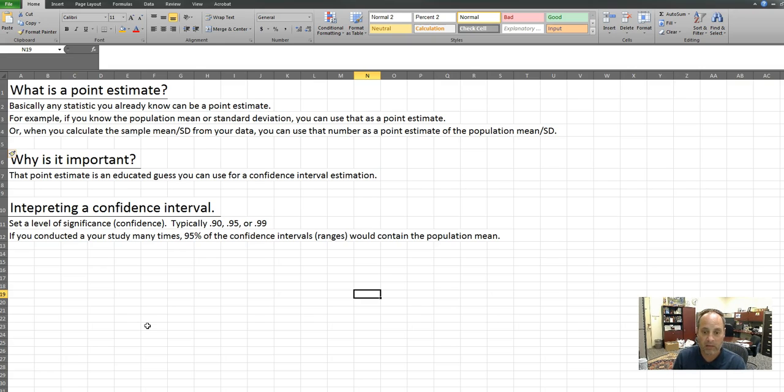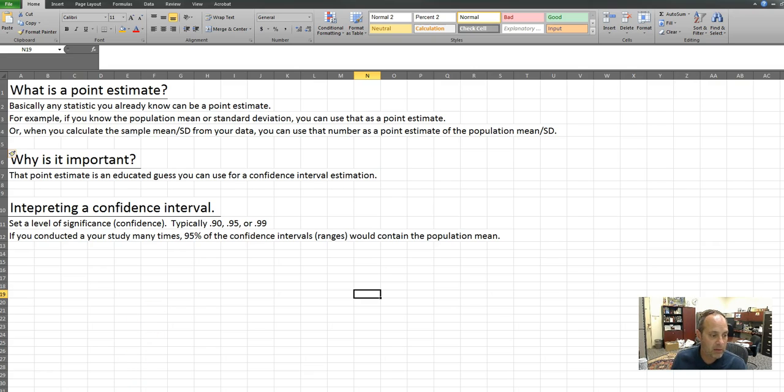So it's not like 95% of the time or anything like that, or a probability of 95% if we're using 95% as the level. It's 95% or 90% or 99% of the confidence intervals that would contain the population mean. Just to make that clear.